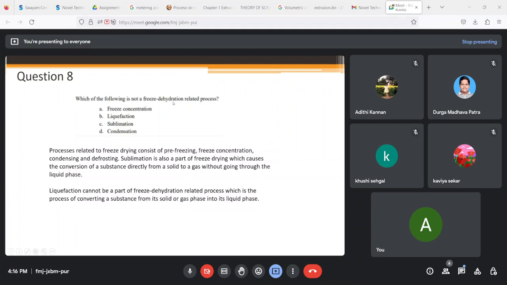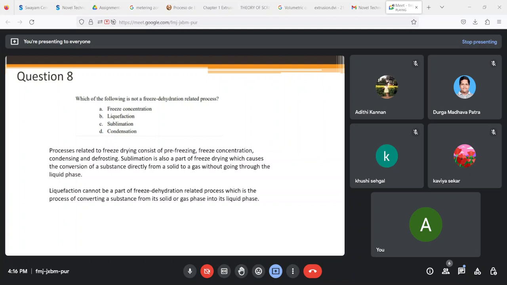freeze dehydration. In fact, you have to prevent liquefaction as much as possible, because once your solid turns to liquid, it might result in bubble formation and it might require a lot more energy. Then you'll have to give the heat of evaporation to evaporate all the liquid, and that is a lot more energy.